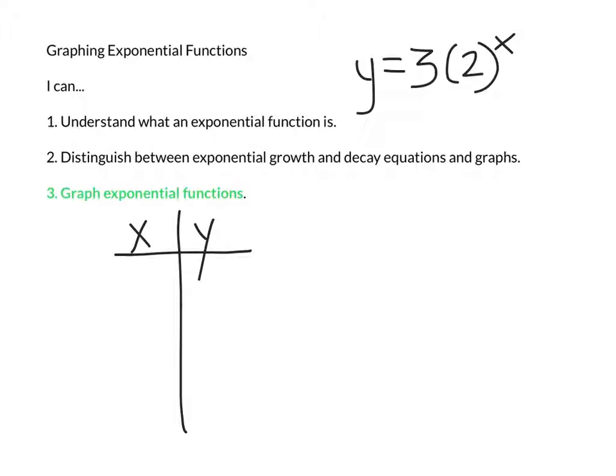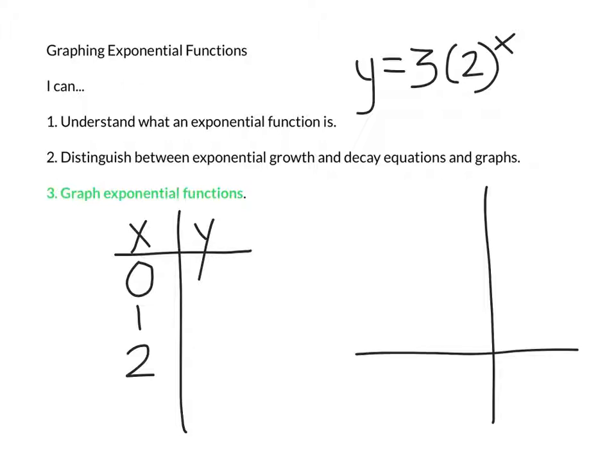So basically what we do every time we use a table is we put numbers in: 0, 1, 2, and so on. And let's just see what happens. When I plug 0 in for x, I have 3 times 2 to the 0. Now remember order of operations, you raise to a power first. 2 to the 0 is 1, so 3 times 1 is 3.